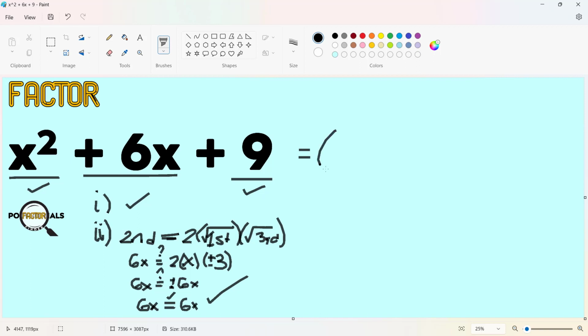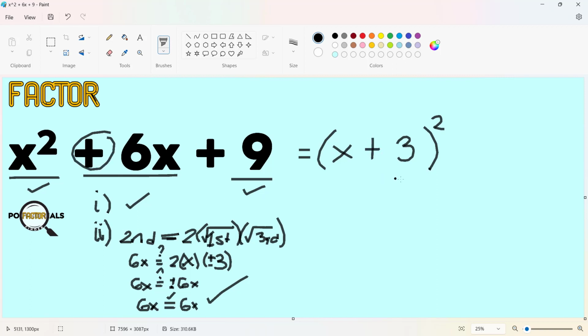The factoring process of a perfect square trinomial follows the simplified form of a square of a binomial. This is its factor. So we just simply take the square root of the first term, square root of x squared is x. Square root of the third term, 9, is positive and negative 3. But which of the two? We use the sign of the middle term, plus.